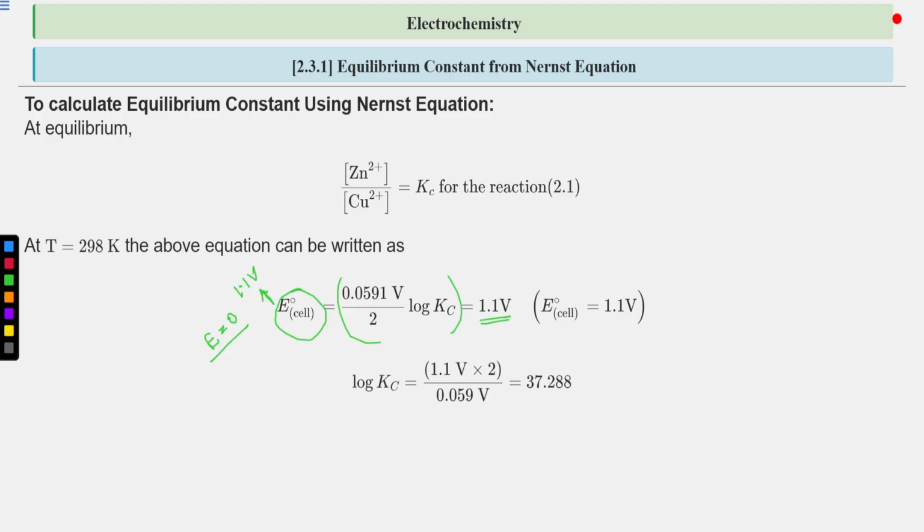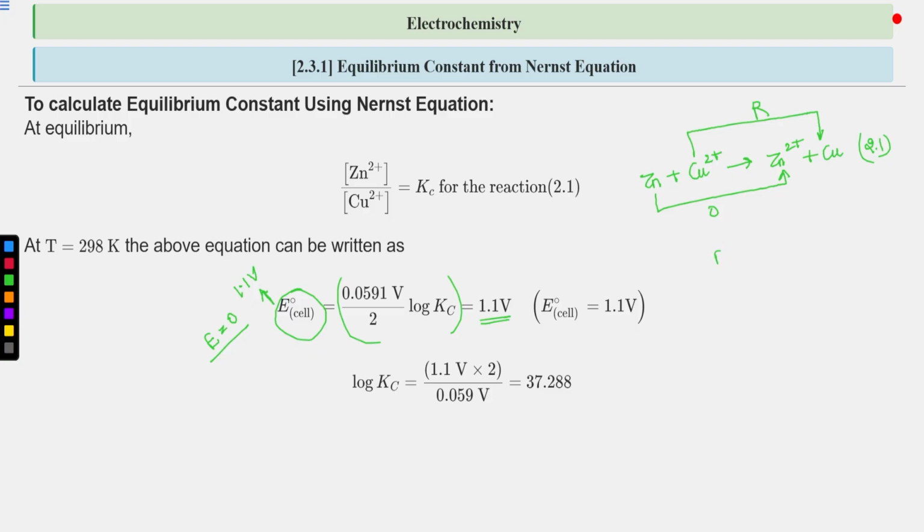Let's see the Daniell cell reaction we just studied, in which zinc and copper 2 plus ion react with each other, becoming zinc 2 plus and copper. Zinc is going from neutral to 2 plus, so it is oxidizing, and copper 2 plus is going from 2 plus to neutral, so it is reducing. Now as you know, the Nernst equation, this is reaction 2.1.